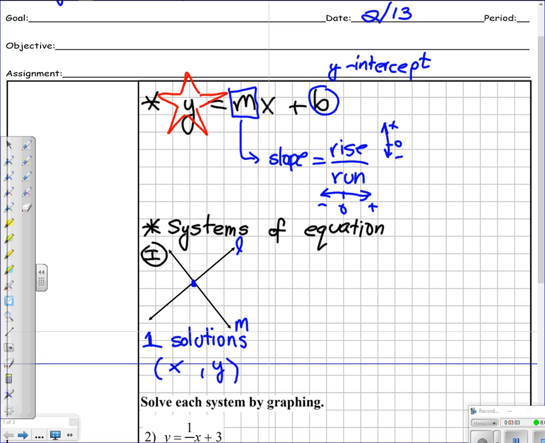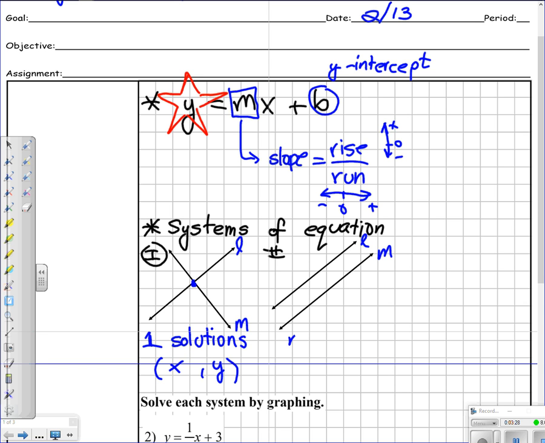Okay. Second possibility is, maybe one line would look like this, and the second line will look like this. So line L will look like this, and line M will look like this. They're parallel, and these lines never touch.